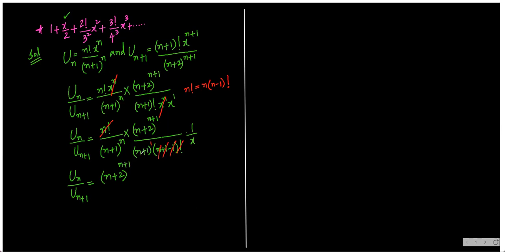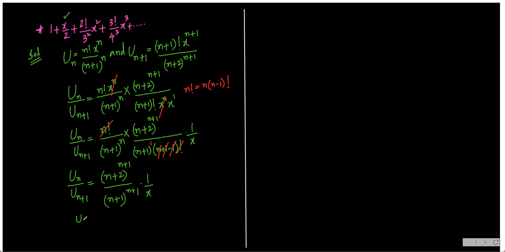Now these two, if you see, bases are equal, power should be added. If I am adding the powers, it will be like this: n plus 1 to the power of n plus 1 and 1 by x again as it is. Is that okay?